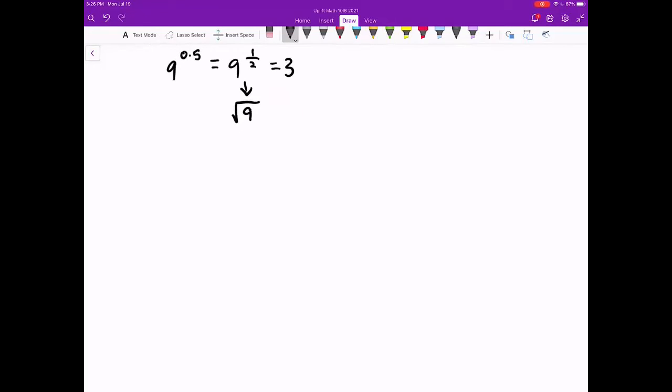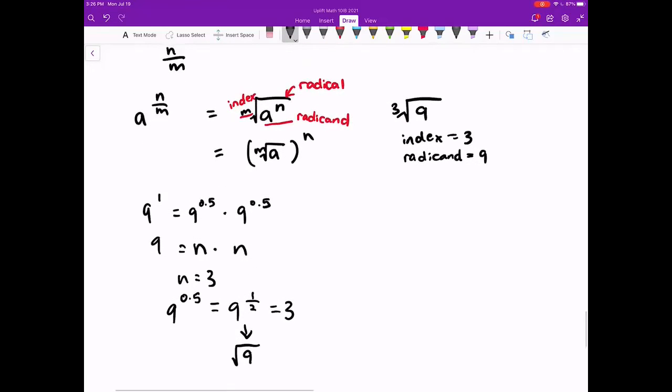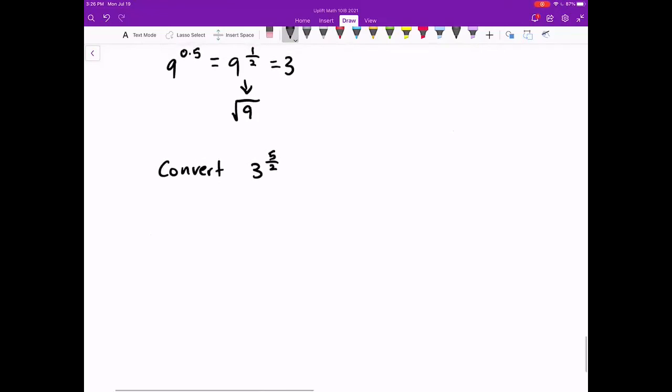We can try converting an exponent to a radical. We can try converting 3 to the power of 5 divided by 2, 5 over 2, and we can turn that into a radical. We use the above expression for radicals. The denominator will become the index.